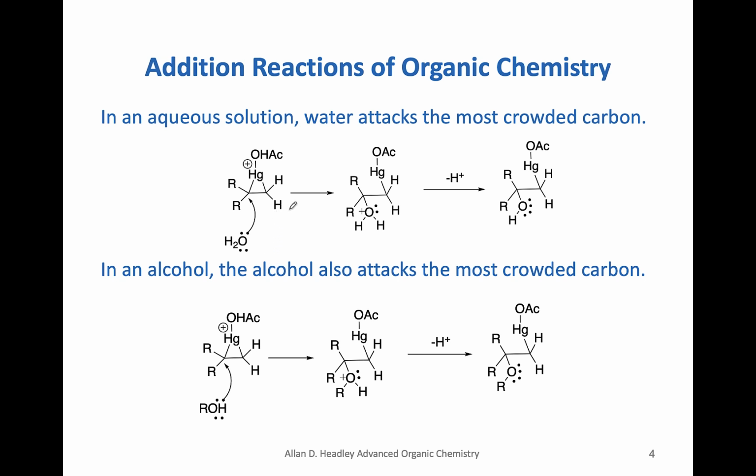The next step is in a solution of water, because water is nucleophilic, as we can see here. These electrons will attack this carbon. Why that carbon? Because this carbon is more carbocation-like because of the 2 alkyl groups that are bonded to this carbon compared to this carbon that has only hydrogens.